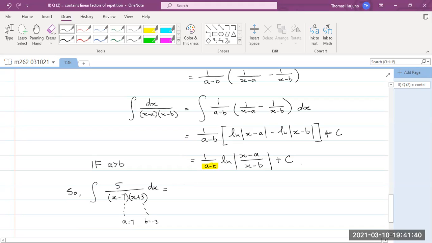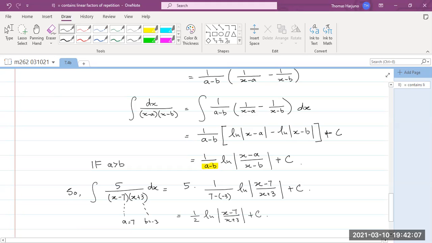Okay, so this is 5 times 1 over a minus b, natural log of x minus a over x minus b, which we simplify, that's 5/6 natural log of absolute x minus 3 over x plus 3.